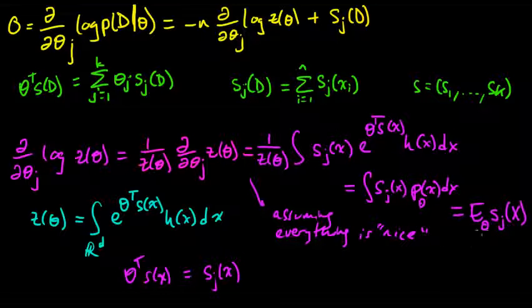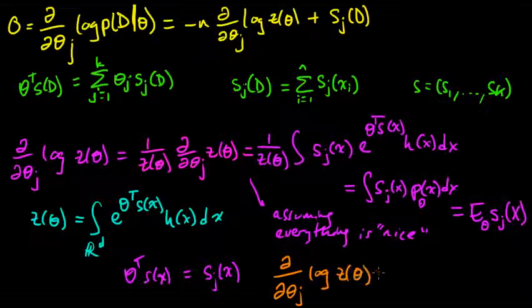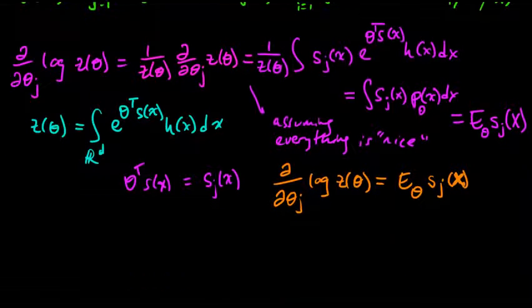It turned out that it was just equal to the expected value under the parameter theta of the jth function sj evaluated on the random variable x, where x is distributed according to our exponential family. So this is a beautiful fact.